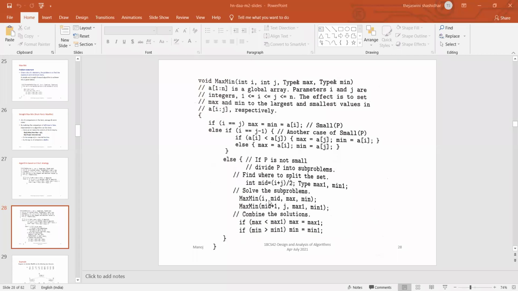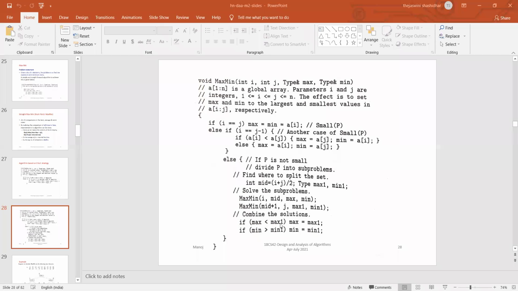So you are dividing the array into left and right parts. First you solve from the first element to the middle element and find max and min. And again, you start from mid plus 1 to J and find max 1 and min 1. Now you combine both solutions.